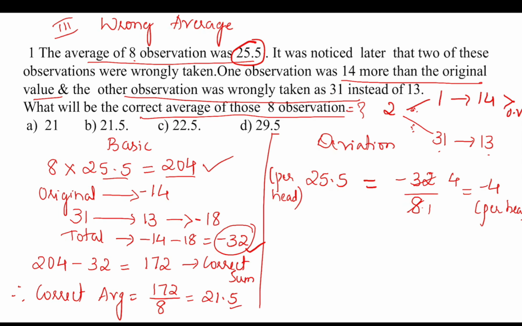It was 25.5 per head, so when I remove minus 4, 25.5 minus 4 will be 21.5. So the new average will be 21.5. So just in one step we got the answer. So option B is the answer.